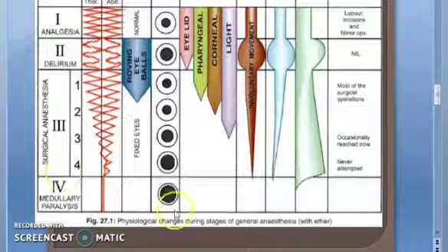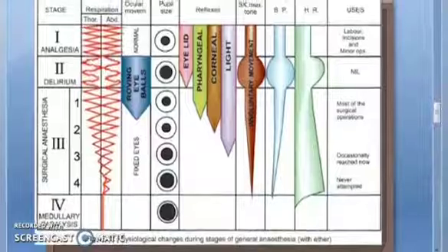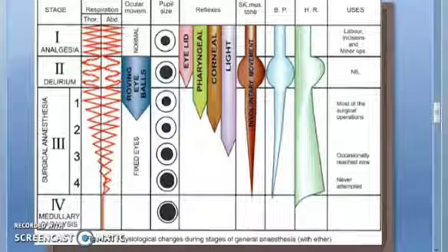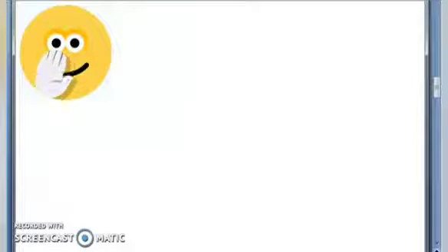So basically you understood, right? In which stage will they do the surgery? They will do it in the third stage of anesthesia. Which plane in the third stage? Plane 1 and plane 2. Good.